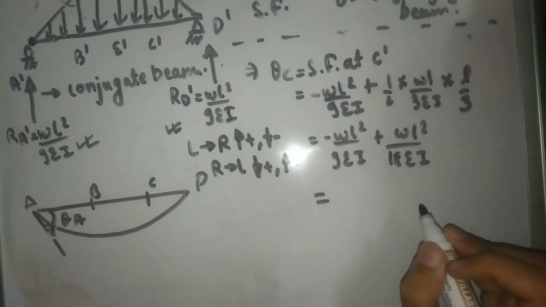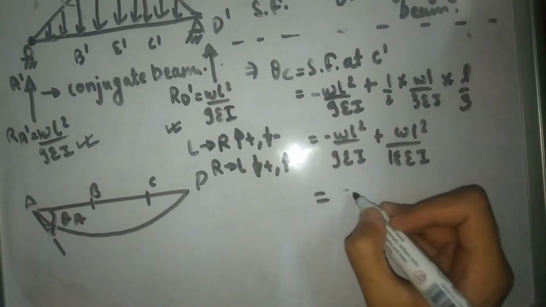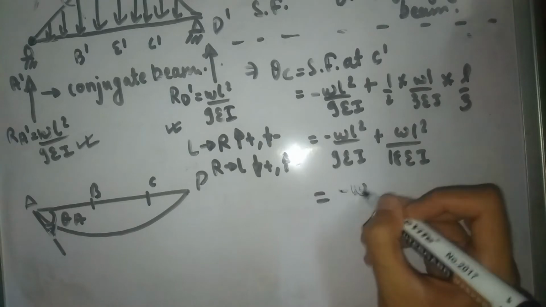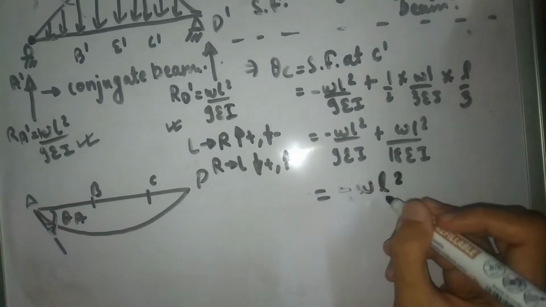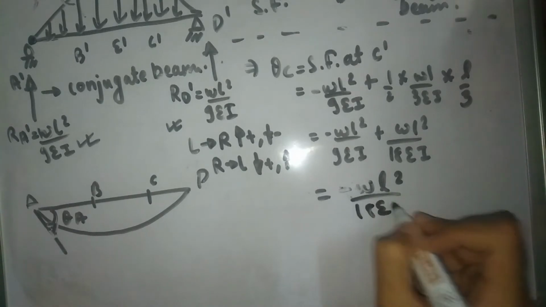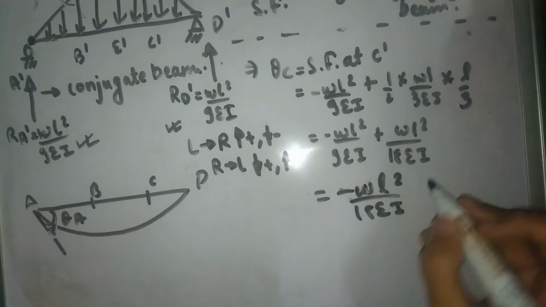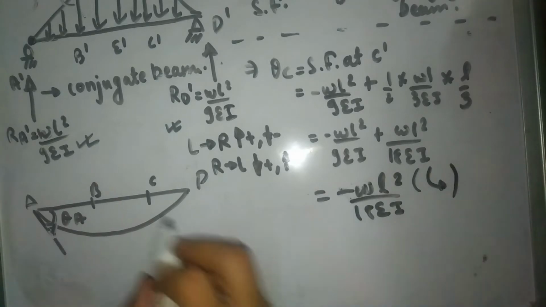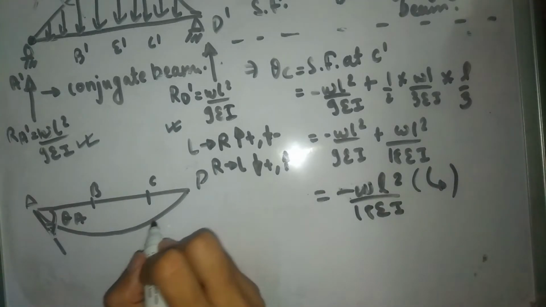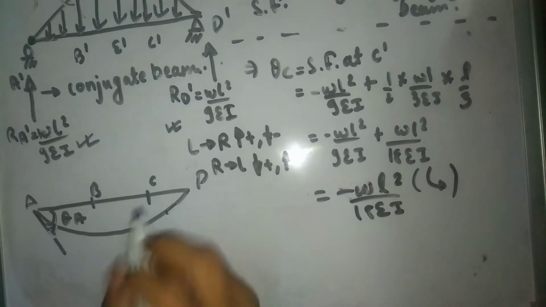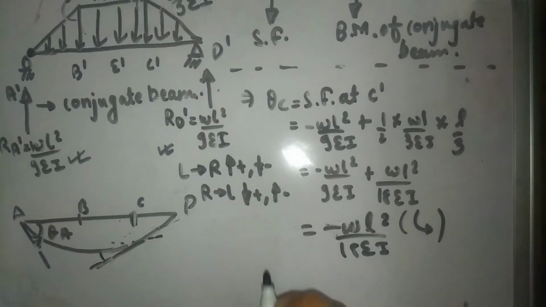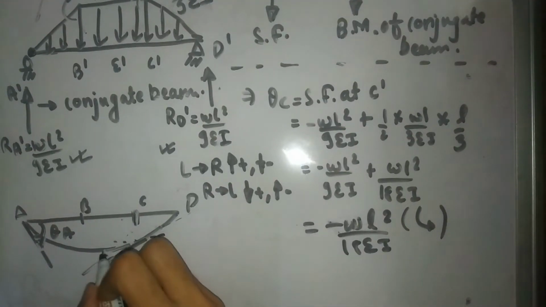This is going to be equal to minus WL square by 18 EI. As explained before, minus means anti-clockwise. So for my point C, I'm going to get my slope in the anti-clockwise direction.